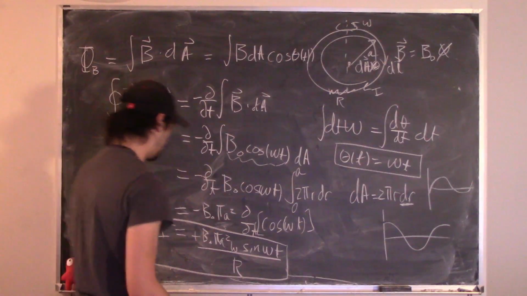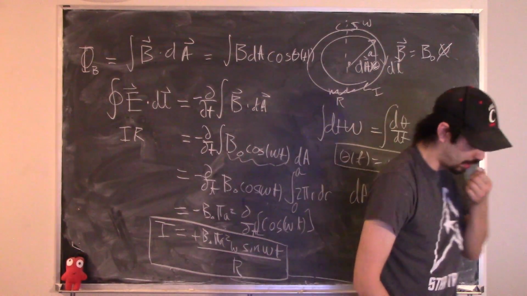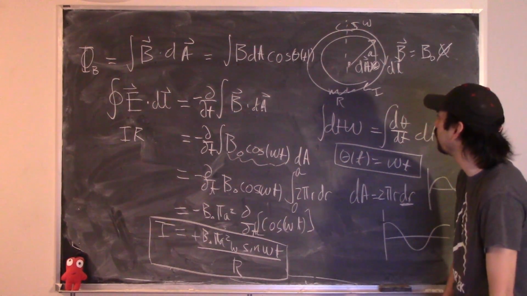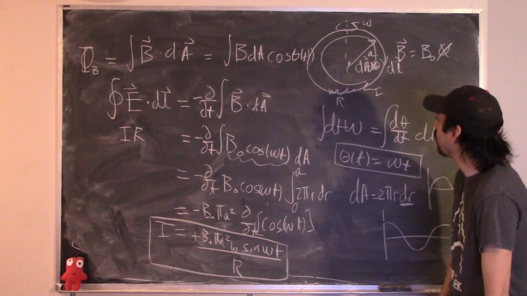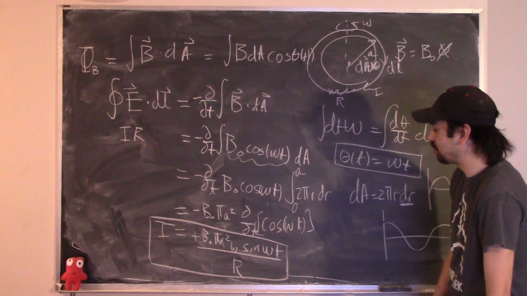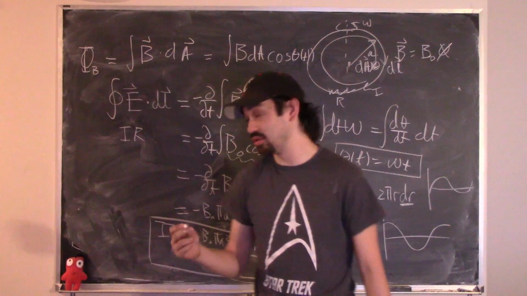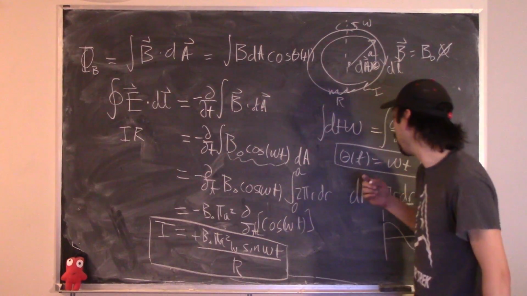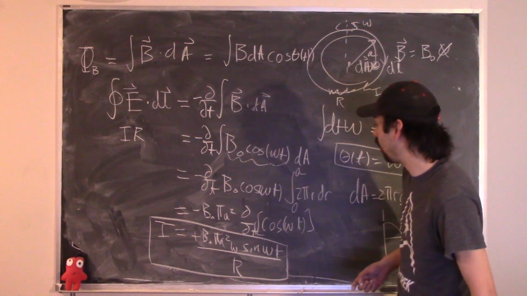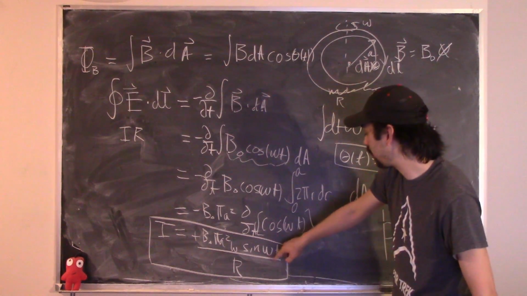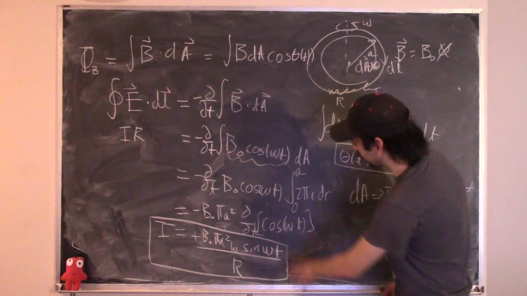Now, somebody was asking me about how you can check the way that Lenz's law works for this, and you can, but it's difficult to do because of the functional dependence on t.